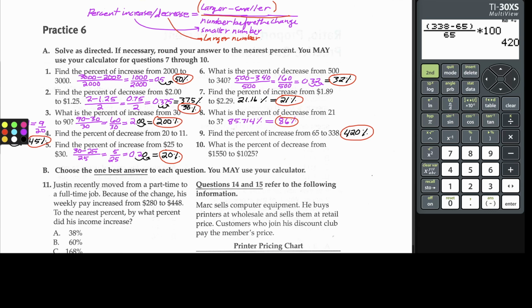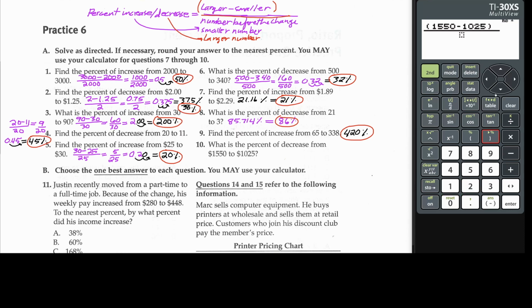Number 10. What is the percent of decrease from 1,550 to 1,025? So that's decrease. Okay, clear the screen. Again, N over D key, and left parenthesis, subtract 1550 and 1025.